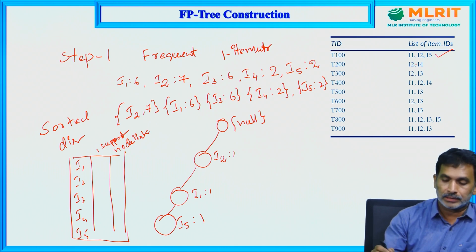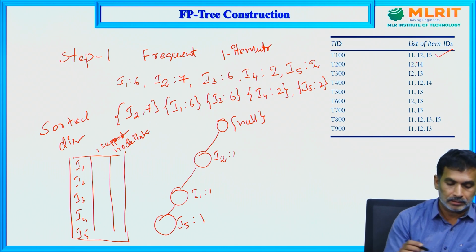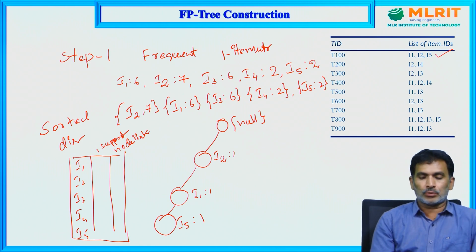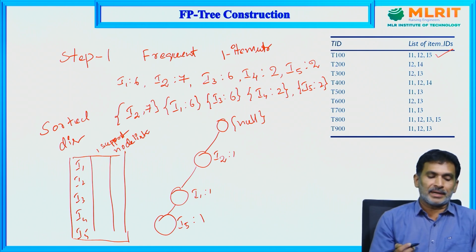The second transaction has two items, I2, I4. Now these items need to be ordered. In this case, which comes first? I2, I4. Now we are going to add these T2 items to this FP tree.